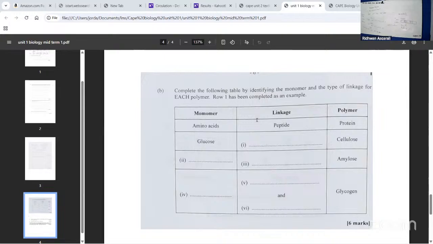Beta 1 to 4, right? So in cellulose, we'd find beta 1 to 4. Where are my polysaccharides? Okay. So we'd find beta 1 to 4 glycosidic bonds. So B for beta 1 to 4 glycosidic.